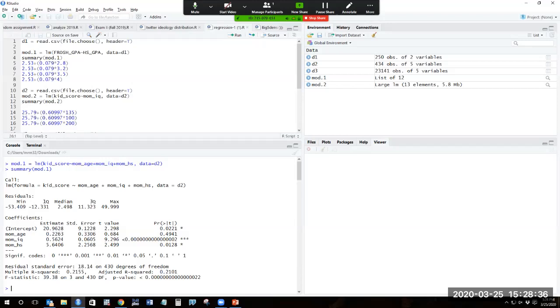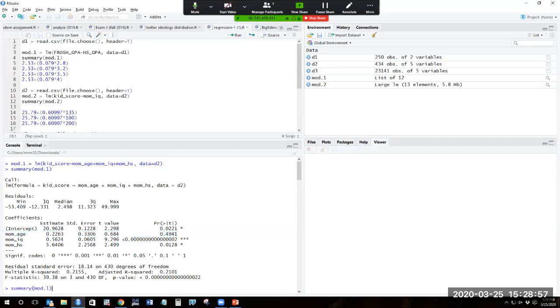But if we're trying to explain all the variation in kids' scores, my model with these variables explains about 21% of all that variation. So there's like 80% that we don't explain. But it's not 0. We're doing okay. And I can actually take that variable out because it doesn't help, right?